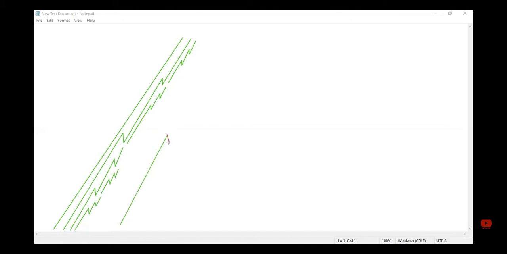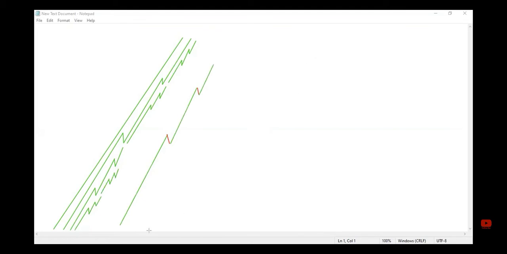It's the first wave after pullback. It's the second wave, and after pullback, it's the third wave.